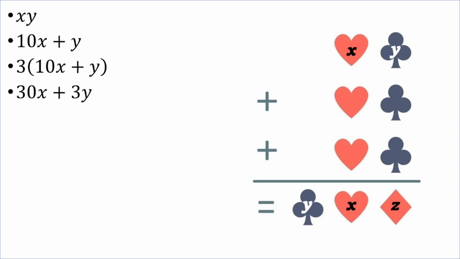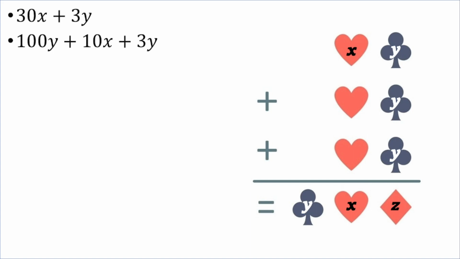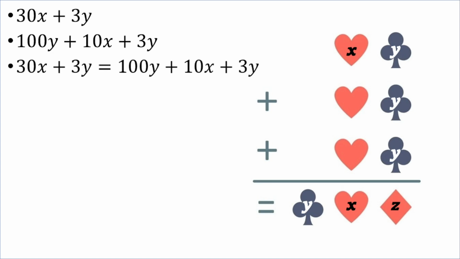But I also see that the total is the number YXZ, and similarly that can be expressed as 100Y plus 10X plus Z. But I see that that Z is actually Y plus Y plus Y. In other words, the Z is 3Y. So I have two expressions for the total. I have 30X plus 3Y and 100Y plus 10X plus 3Y. Since both of those are the same total, then I can equate them.